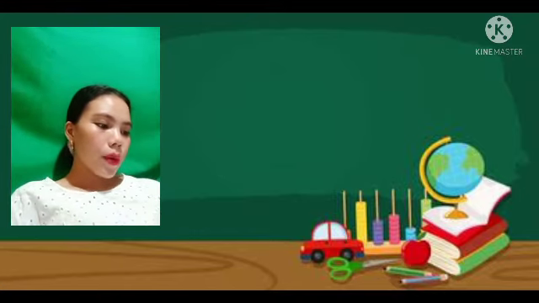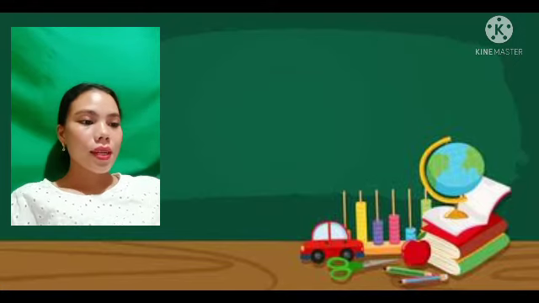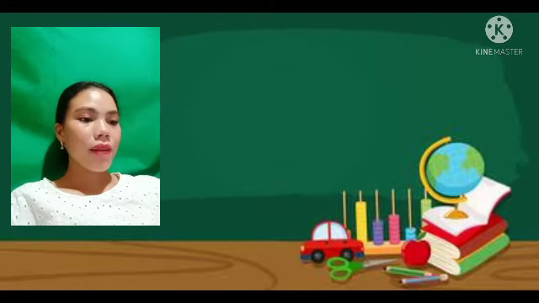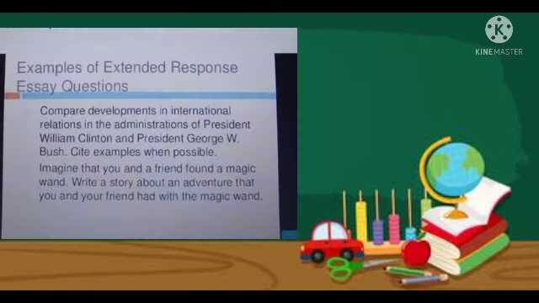An extended response allows students to select information that they think is pertinent, to organize the answer in accordance with their best judgment, and to integrate and evaluate ideas as they think suitable. They do not set limits on the length or exact content to be discussed. Here are examples of extended response or non-restricted essay.